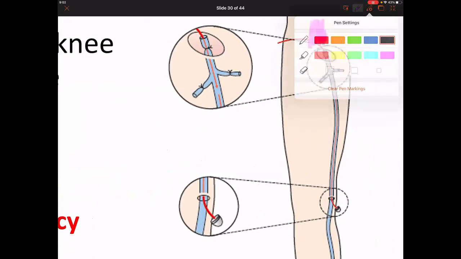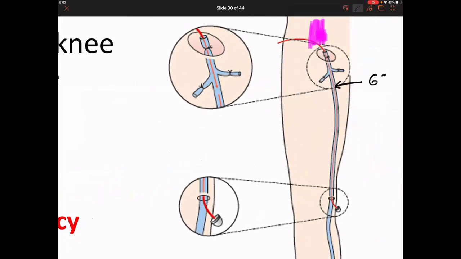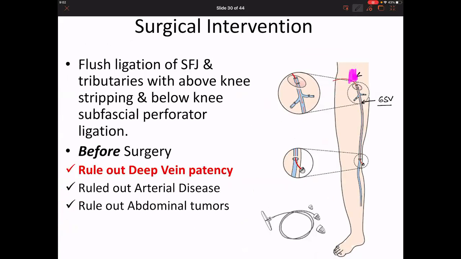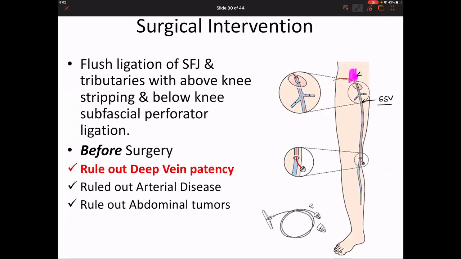What have we done with the great saphenous vein? We have disconnected it. This is the point where we have put the ligature, and we have introduced an instrument called the Mayer stripper.